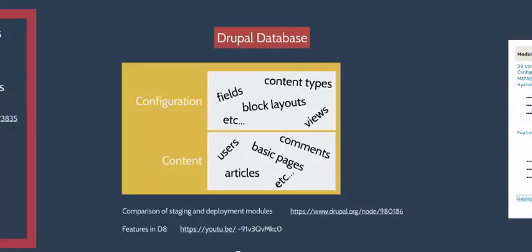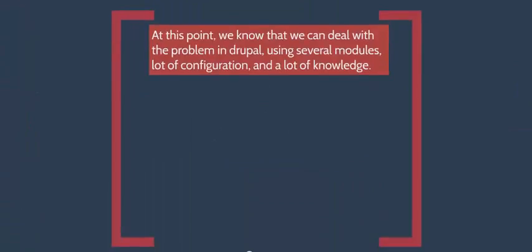One way to face the problem is to use a combination of modules, so you can use Features in combination with the Deploy module. Although none of the solutions are a complete solution.